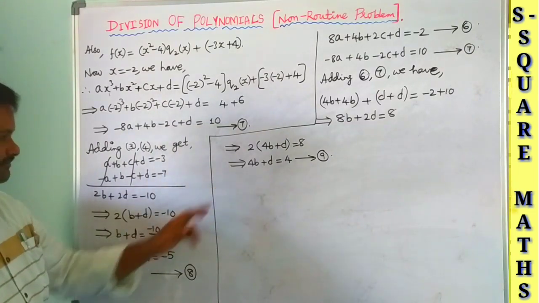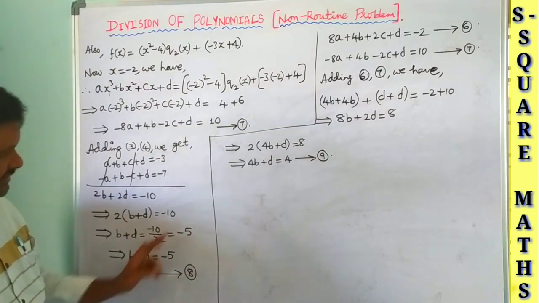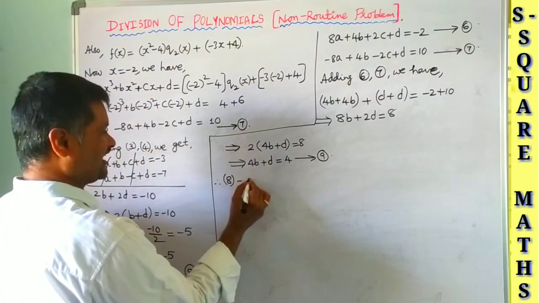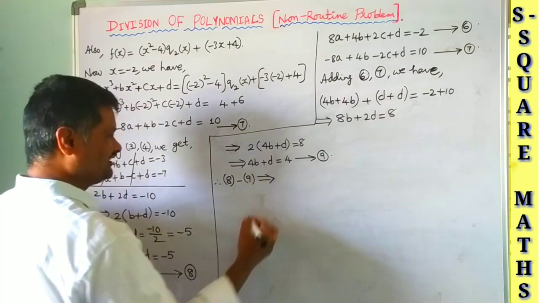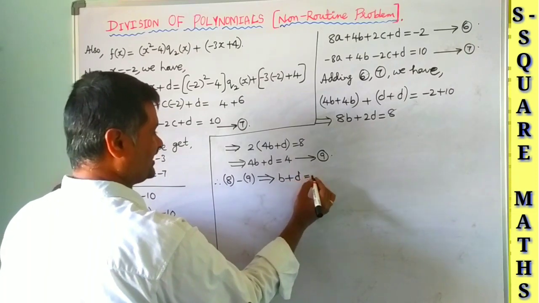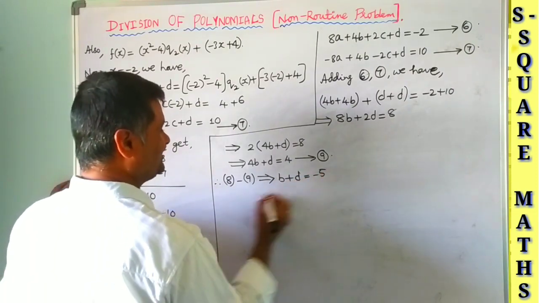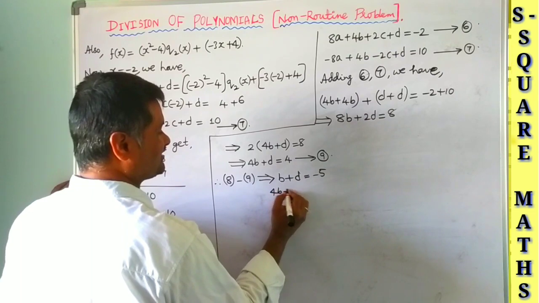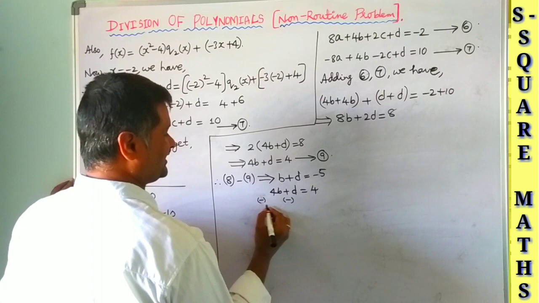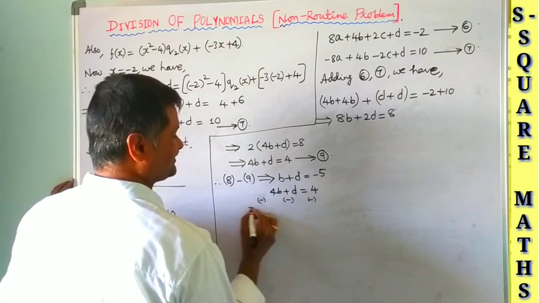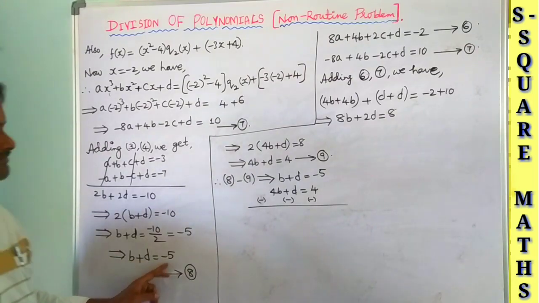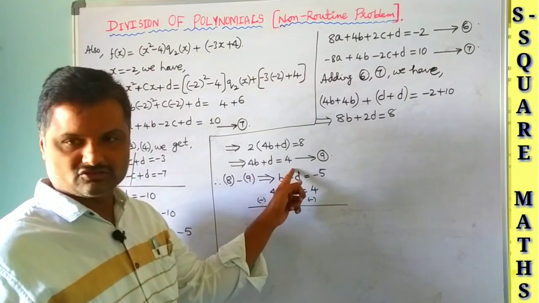So we will go for subtraction here, so that d minus d will get cancelled. Now I can do it this way: equation 8 minus equation 9. Equation 8 is b plus d is equal to minus 5 and equation 9 is 4b plus d is equal to 4.